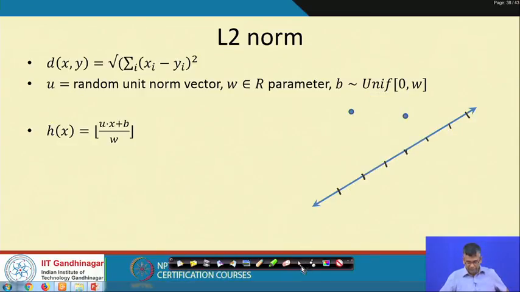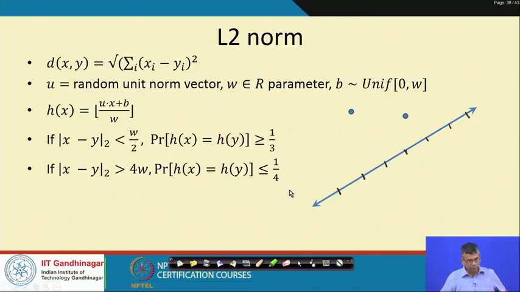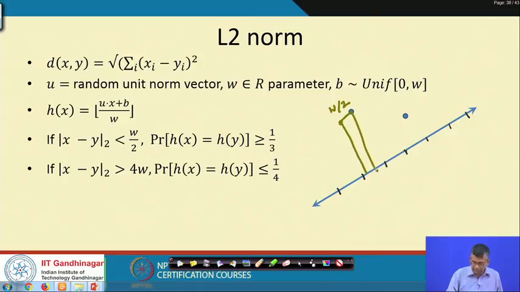So, why is this an LSH? I will not go through the exact proof of this, and these numbers that I have written down are more or less approximate, but basically here is the idea. Suppose you know that x and y are very similar, less than w by 2 apart. Then there is a very high chance, because their distance after projection is also less than w by 2.